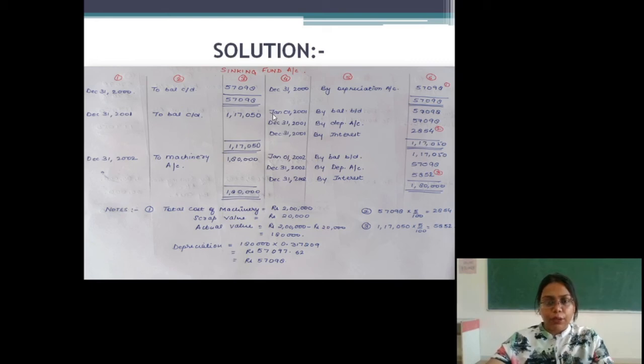Again we'll charge the depreciation on this asset on December 31st, 2001, by depreciation account 57098. Now we'll also charge the interest on this particular asset.